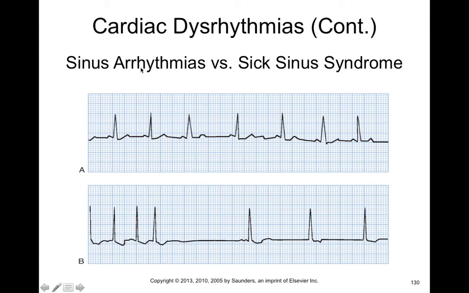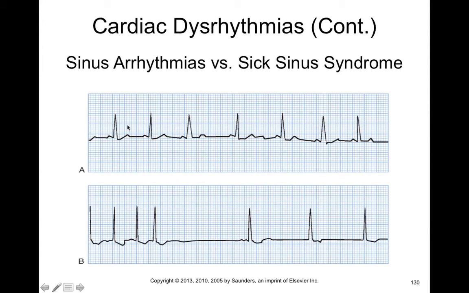So if we look at sinus arrhythmia, which is up top here, and you look at these intervals, you find these intervals are varying. You can see that this interval and this interval are much longer than these intervals right here. What's interesting is this happens to be associated with the normal respiratory rhythm. So sinus arrhythmias can change while someone's breathing.